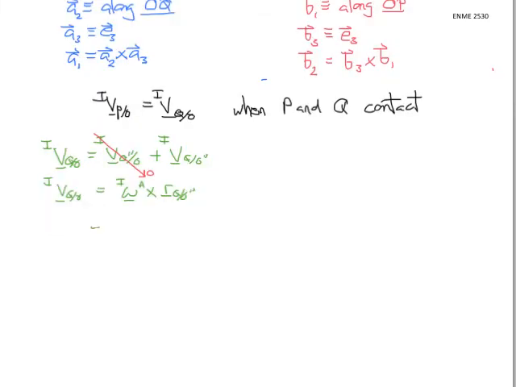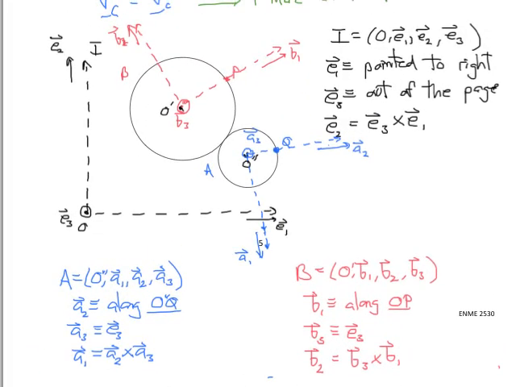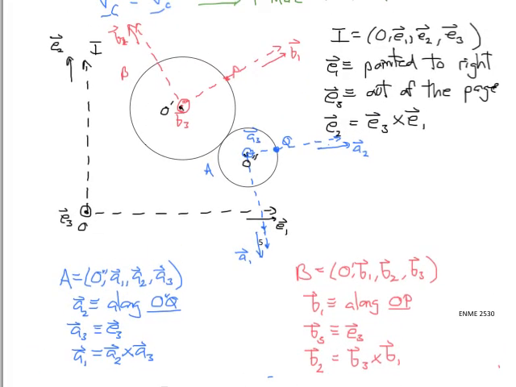So we can write this term as omega A in the negative A3 direction crossed with the radius R sub A in the A2 direction, because we defined our position vector from O double prime to Q in the positive A2 direction.